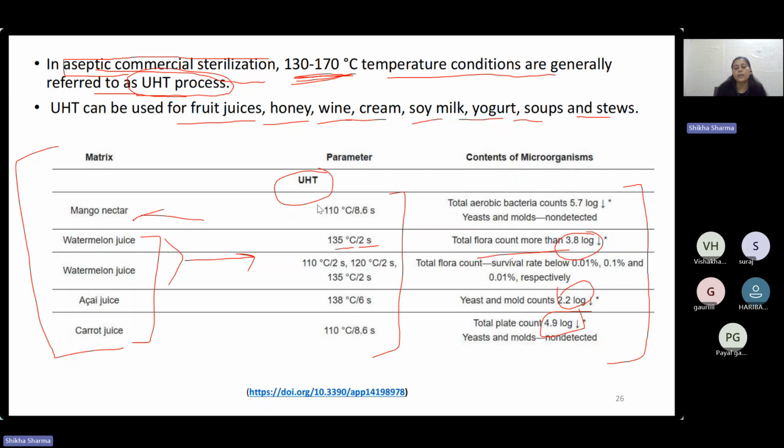Obviously, if we apply low temperature for a short time, that is the best process, because there is lower loss of nutritional value and other properties, sensory properties also.